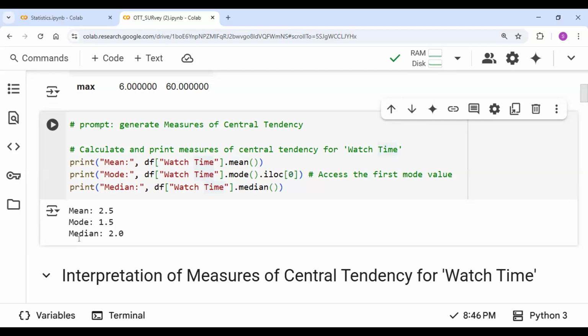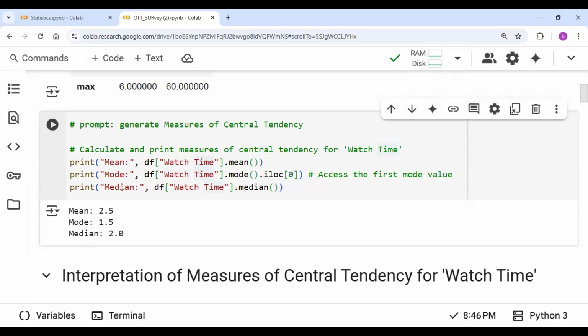When they identify these statistics, they will try to create shows of 1.5 hours, because this is the most common watch time. They will try to fix future shows at 1.5 hours, or they will try to improve the average watch time.